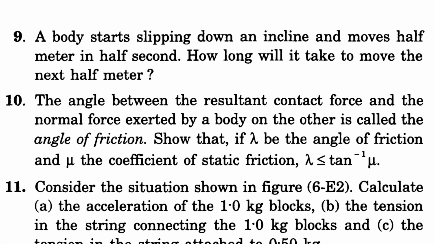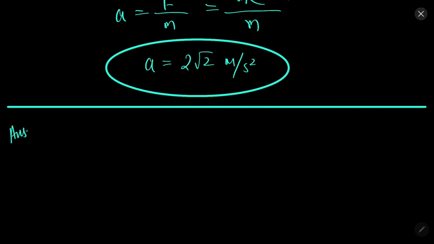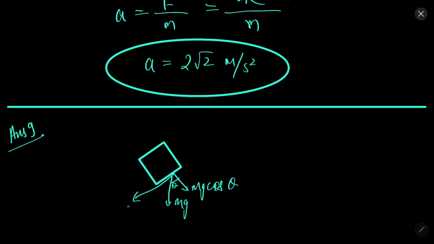In question 9, we have a body which starts slipping down an inclined plane and moves half meter in half second. How long will it take to move the next half meter? So this is the 9th question. Again let's draw the free body diagram. mg cos theta, mg sin theta, mu R, normal force.